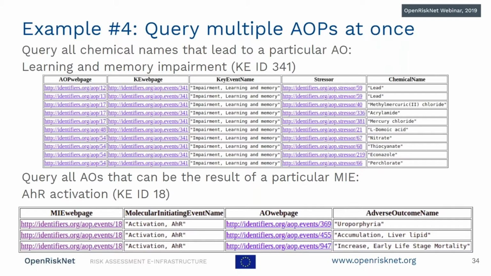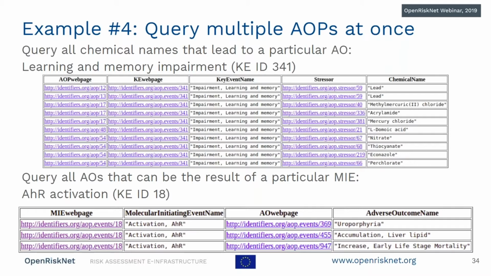The fourth example that I would like to give is the query for all chemical names that lead to a specific adverse outcome. So making a long distance query from an adverse outcome, we query of which adverse outcome pathway it is a part and which molecular initiating event it has.